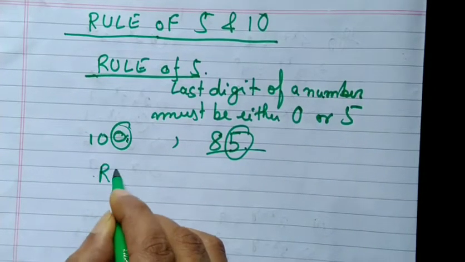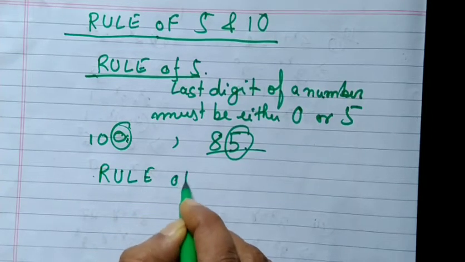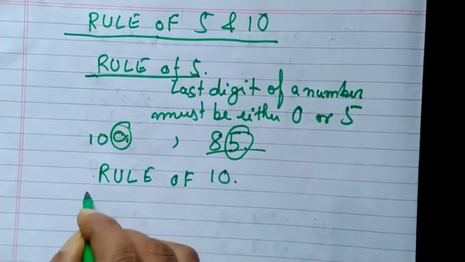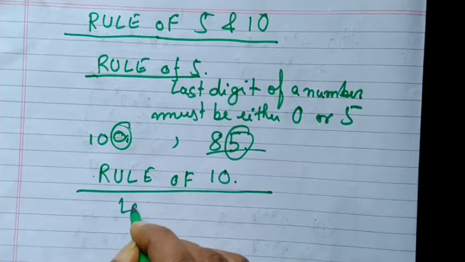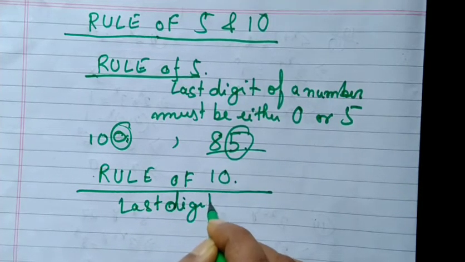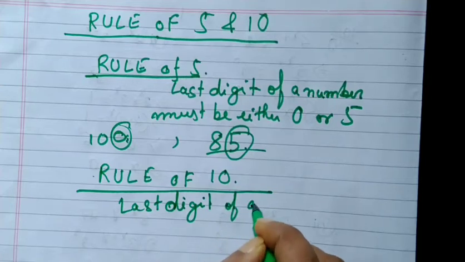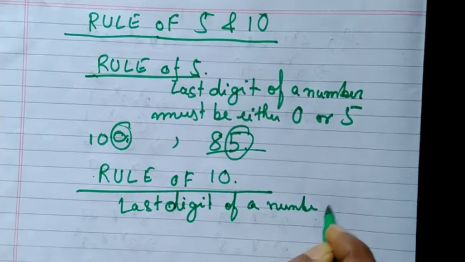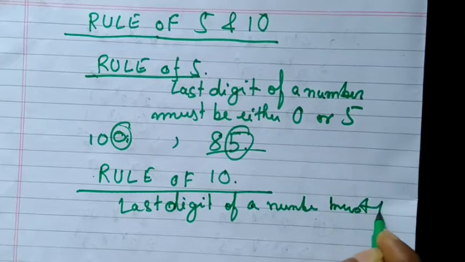Now for the rule of 10, a thing is common between these two rules. For the rule of 10, the last digit of the number must be 0.